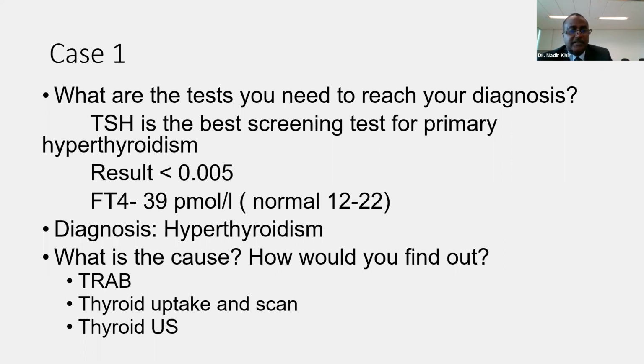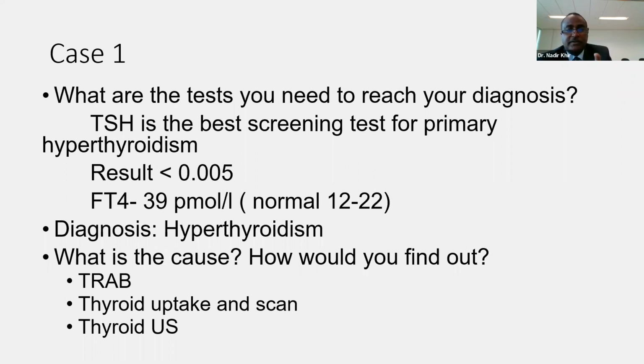In real practice it depends on the insurance coverage, depends on how much this will cost the patient. There is a lot of influence in this, but ideally you need the TSH, free T4, and free T3.